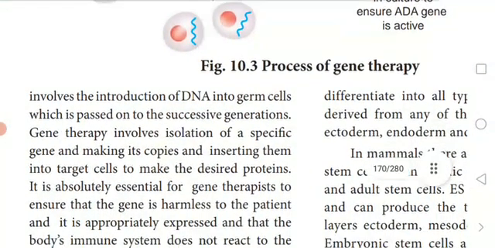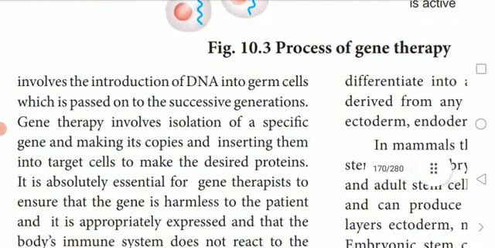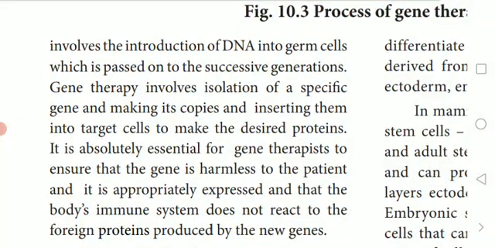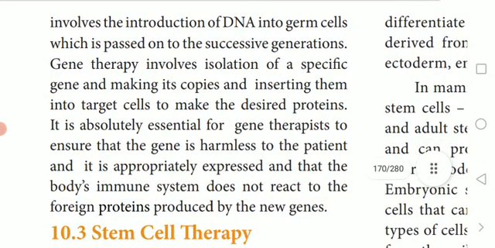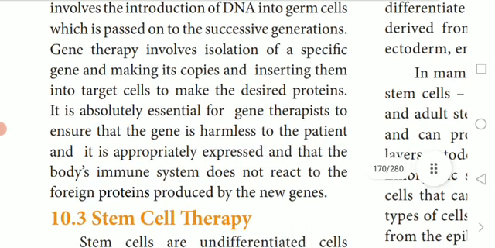Somatic cell therapy involves the insertion of a fully functional and expressible gene into target somatic cells to correct genetic diseases permanently, whereas germline therapy involves introduction of DNA into germ cells, which is passed on to the successive generations.